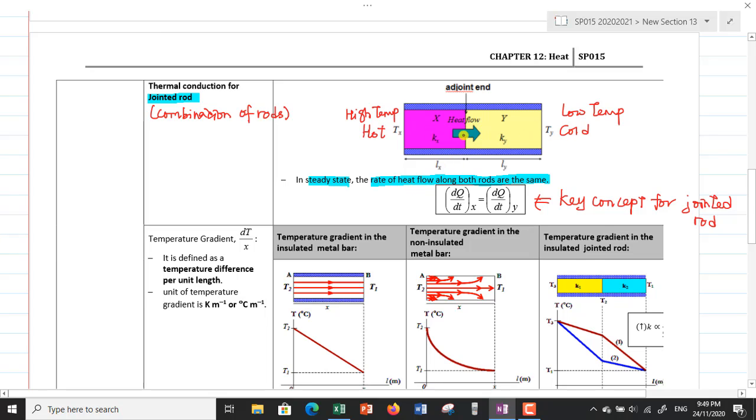The rate of heat flow for these two rods will always be the same. This is the key concept for jointed rods. Using this key concept, we can find the temperature at the adjoint end. The adjoint end means the end where we join the two rods.